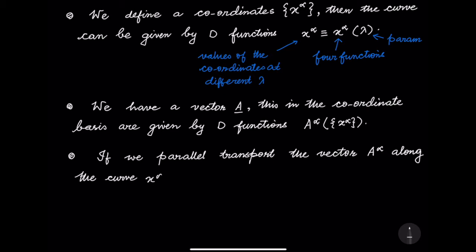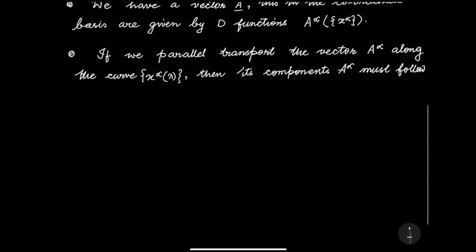Now, when I say x alpha of lambda, this is essentially that curve that we were talking about earlier. So to define the curve, I have to specify all components of x. So it's again a set of d functions. Then if we parallel transport the vector along this curve, its components must follow a differential equation, which is how we define the parallel transport.